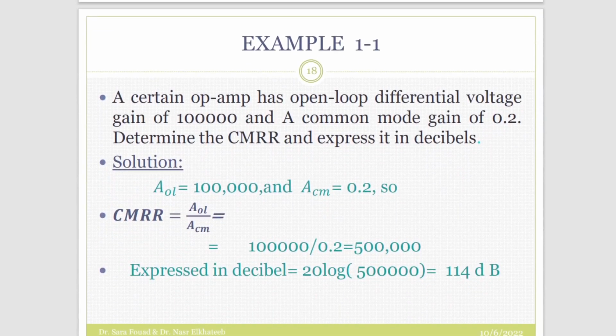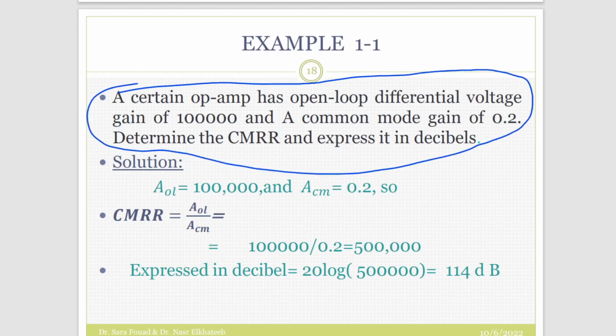We have a first example. A certain op-amp has an open loop differential voltage gain of 100,000 and a common mode gain of 0.2. Determine the CMRR and express it in decibels.